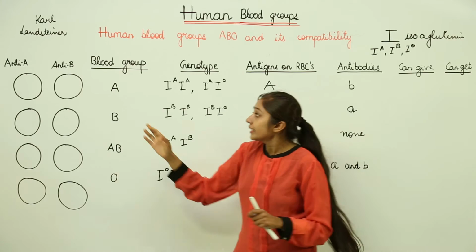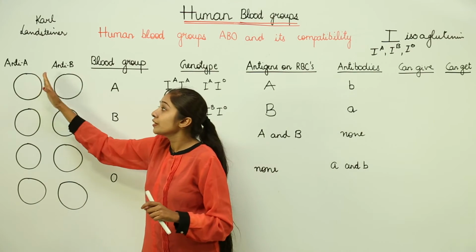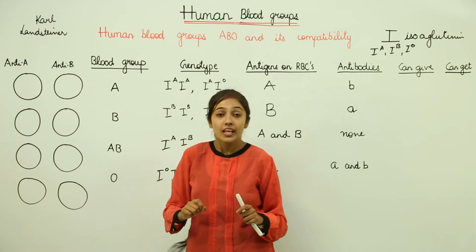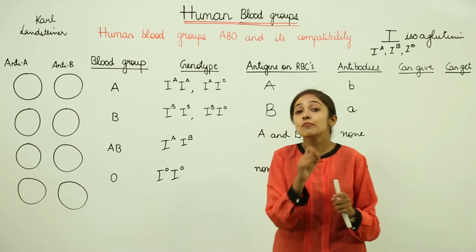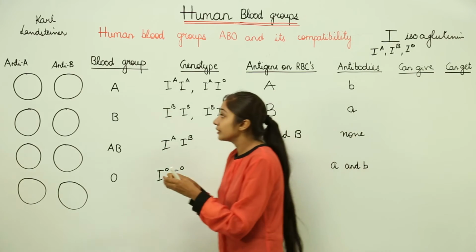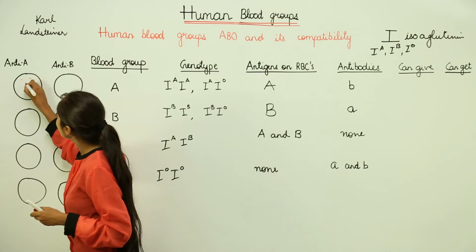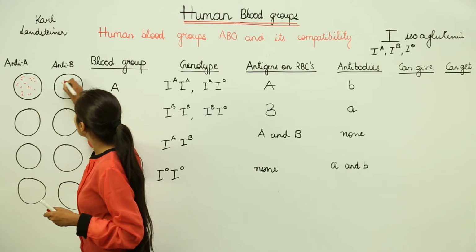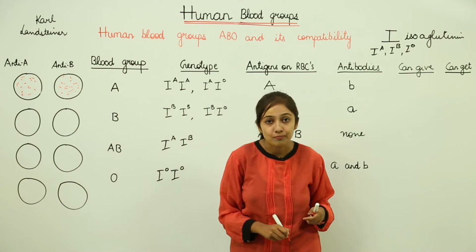Then you mix that blood with anti-A serum and anti-B serum. If it shows clotting, then we are able to determine what blood group we are talking about. For example, in case of blood group A, we mix the blood with anti-A serum as well as with anti-B serum.